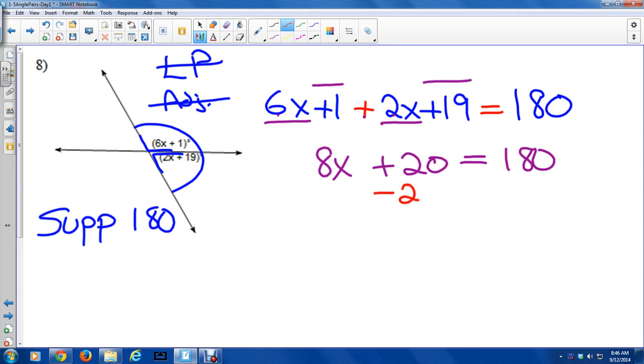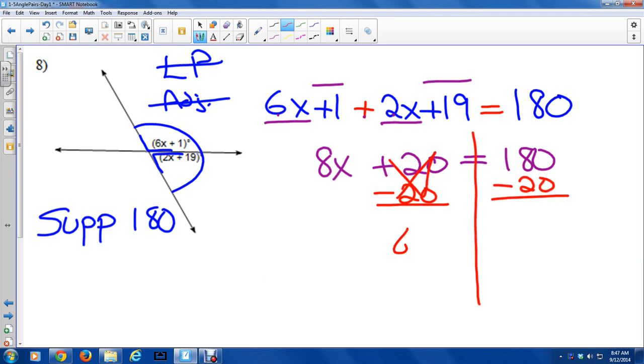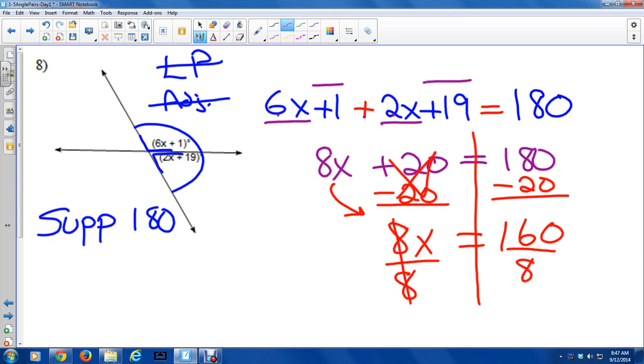Continuing that, now that we have a 20 on one side and a 180 on the other side, we want to get them together. By doing that, we do the opposite. So we didn't touch the 8x, bring it on down. Didn't touch the equals once again. 180 minus 20, 160.